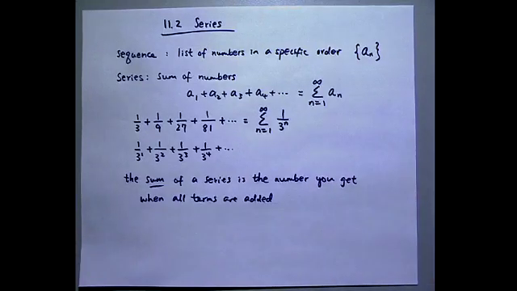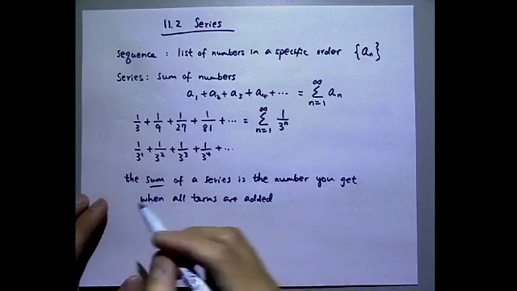And for an infinite series, that means adding up infinitely many numbers. Now, upon first look, this may seem a little counterintuitive. How can you add infinitely many numbers and still get a fixed number? But actually, you can, and it happens quite often.